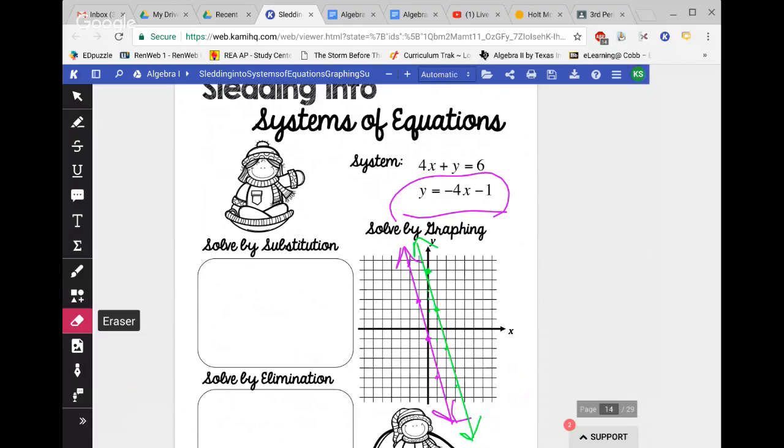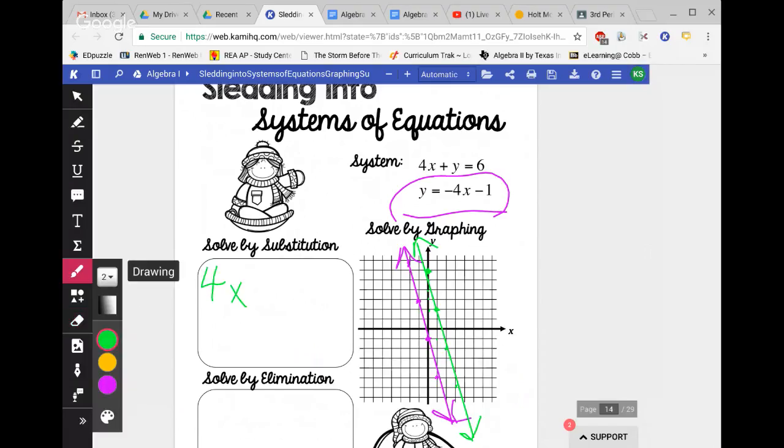And so here, what we'll do is we're going to substitute in 4x plus y equals negative 4x. So we've got negative 4x minus 1 equals 6. And these 4x's cancel because we've got a positive 4x and a negative 4x. So we've got negative 1 equals 6.